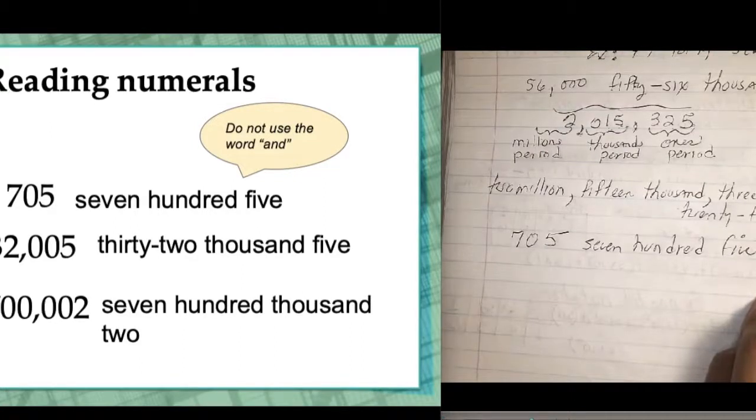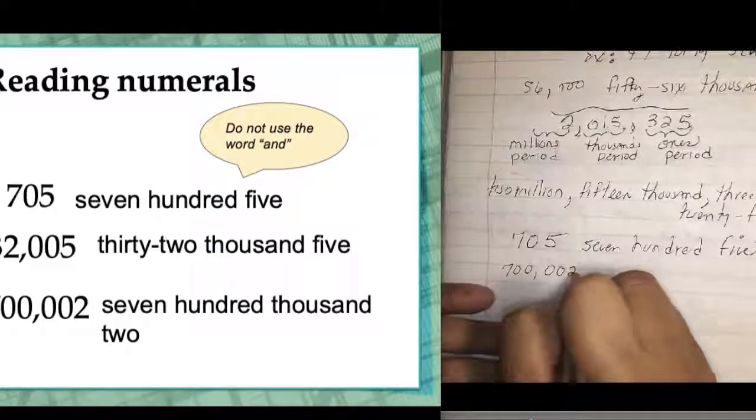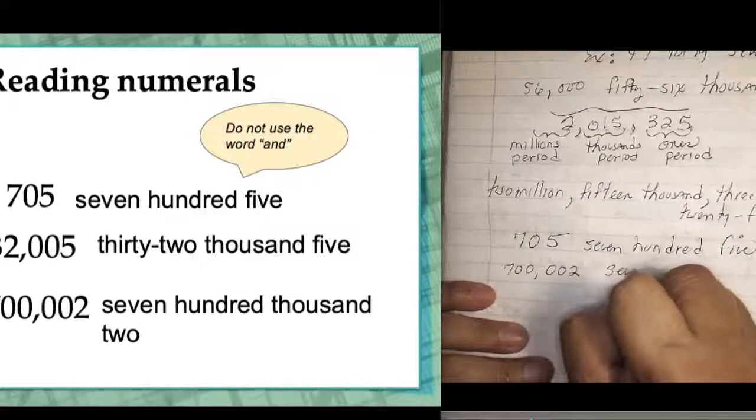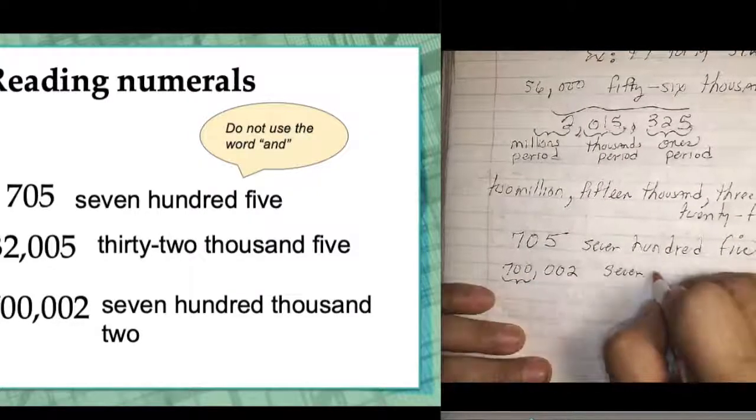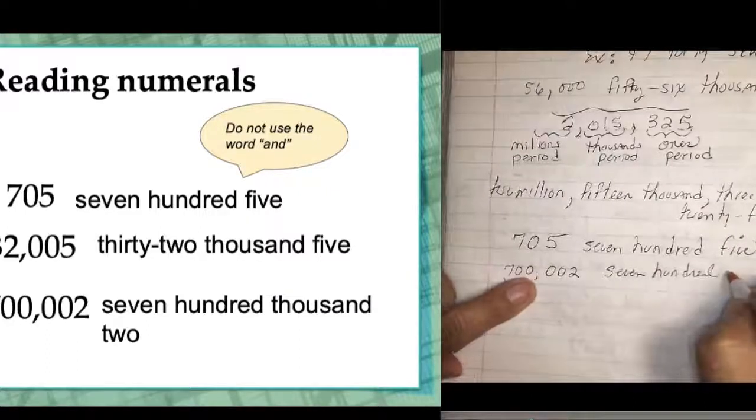32,005. 700,002. You kind of want to say that and in there, but don't. 700, the comma is your 1,000, 2. Let's write that one down. 700,002. So we have here 700. Then we have a comma.